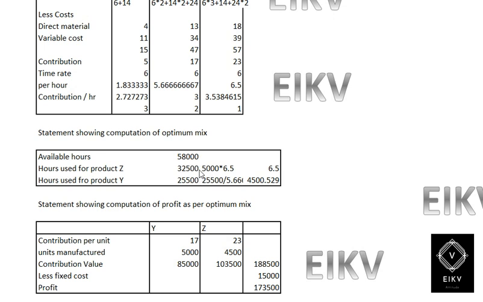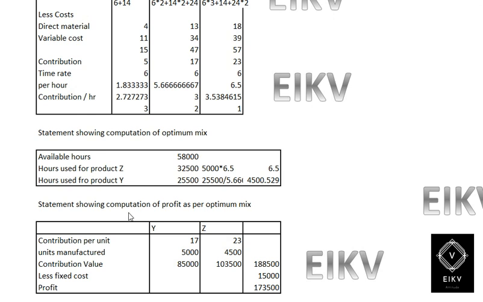So the remaining hours will be 58,000 minus 32,500, which gives the remaining 25,500 hours. With the 25,500 hours we can produce only product Y, which takes 5.56 hours per unit. To compute the number of units, we divide 25,500 by 5.56, which gives 4,500 units.